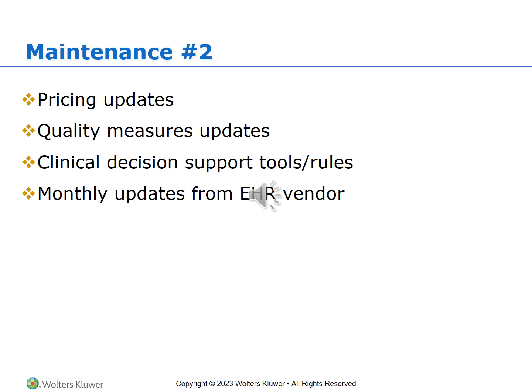Pricing updates. So drug prices may change according to the insurance provider or the pharmaceutical company that's supplying the drug. Quality measures updates. So this is triggered from the patient's chart, and it's basically stating a pattern in the facility, or maybe it is actually indicating that there is no pattern, and it's a good quality indicator report. Clinical decision support tools.